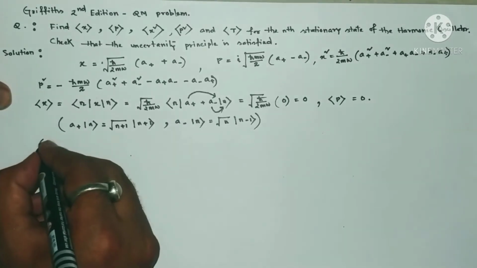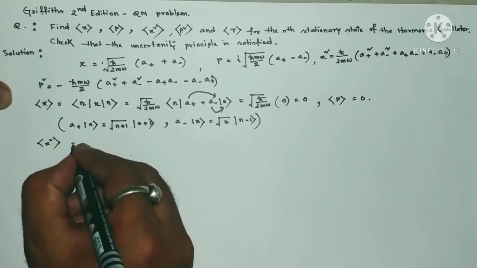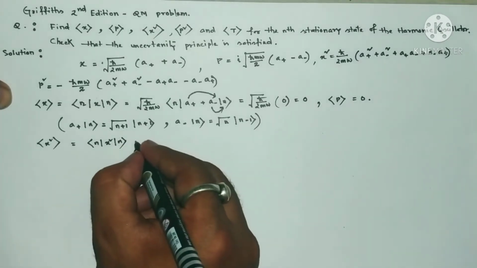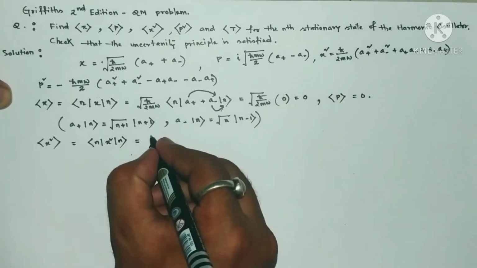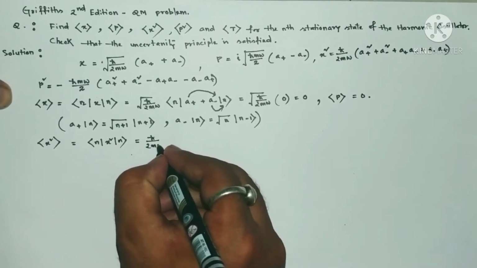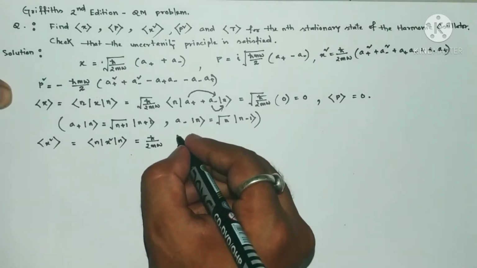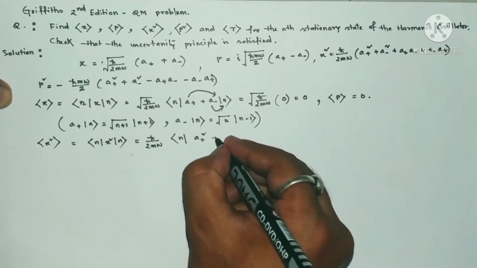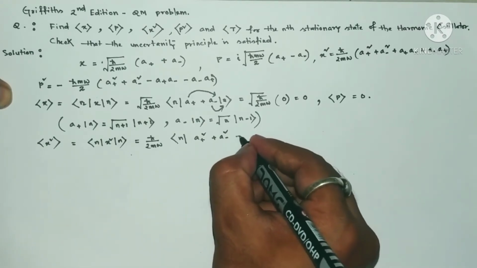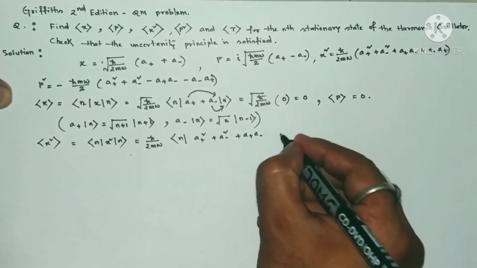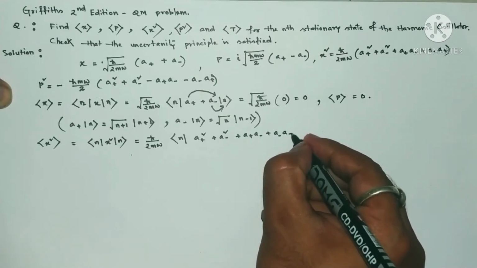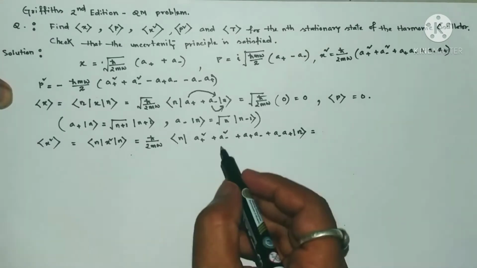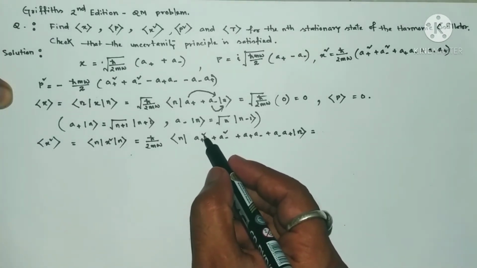Now comes x square. So this will be bra n, x square, ket n, and x square is h cross by 2 m omega, and then we have a plus square plus a minus square plus a plus a minus plus a minus a plus operating on ket n. Here the operator is a plus square.